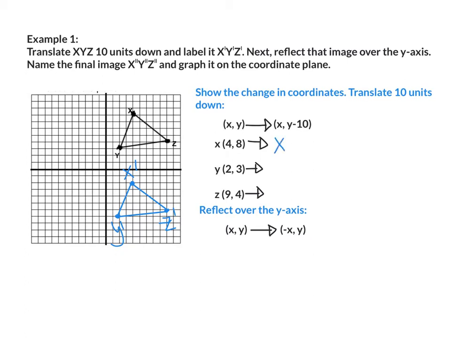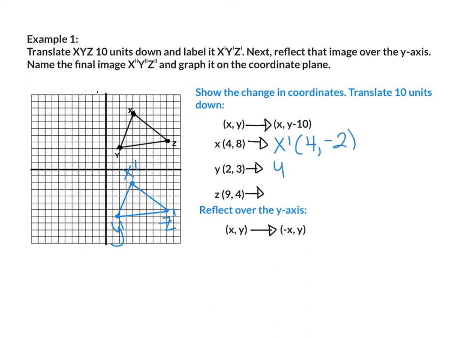So X prime, I notice that my X values stay the same. So 4 will be my X coordinate. And then I notice that since we went down 10 units, my Y coordinates are going to be subtracted by 10. So 8 minus 10 will give me negative 2.